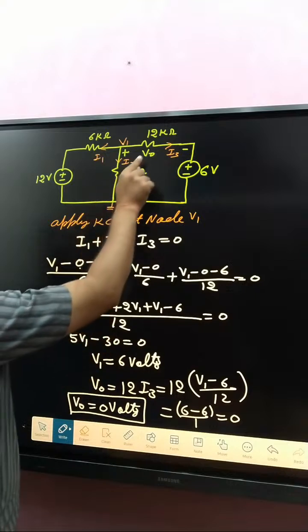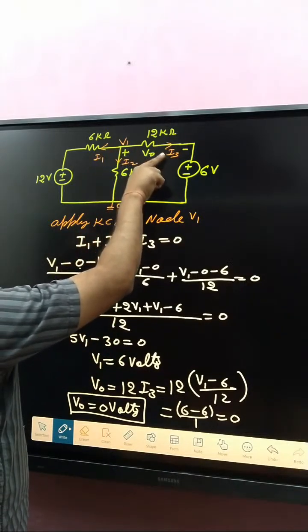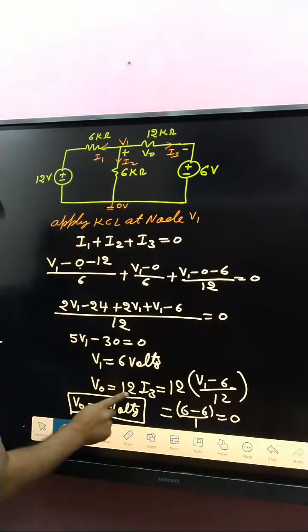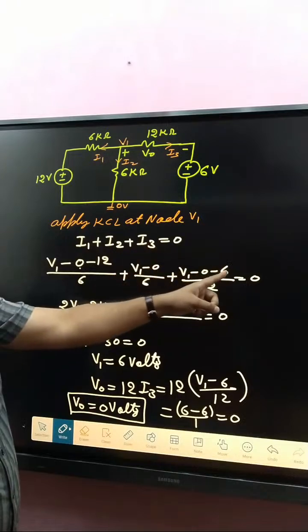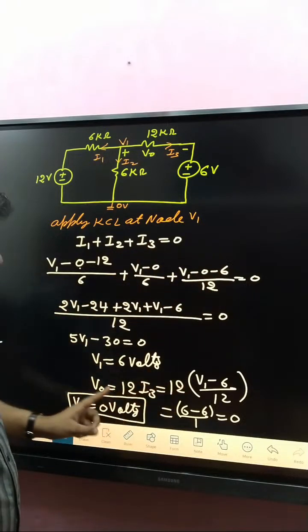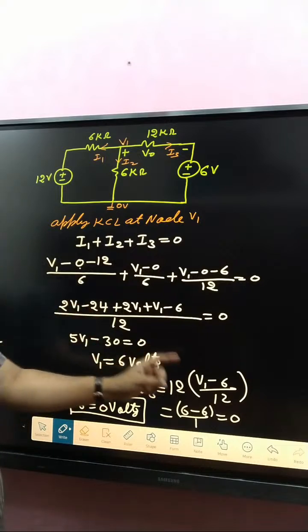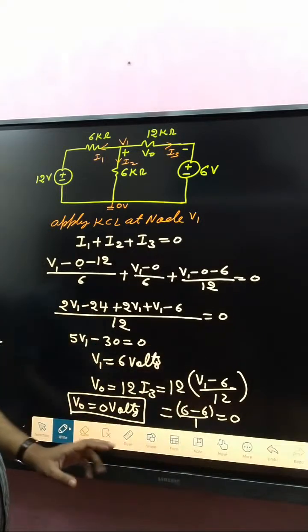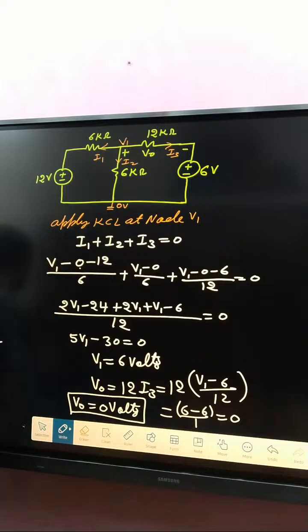V naught is the current times resistance, positive to negative, so 12 into I3. I3 is V1 minus 6 divided by 12. V1 after solving we got 6 volt. Putting that value here, we get 0 volt. So V naught is 0.